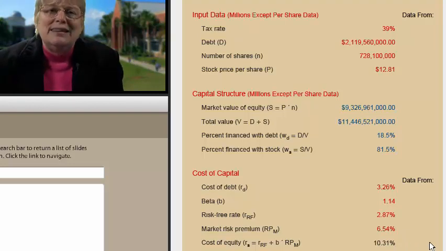Now, notice in this example, we are only using the CAPM model to determine what our R sub E is. The reason is that we want to use Hamada's equation to do the levered betas. That is really the most straightforward way of seeing the impact of debt on the cost of equity.